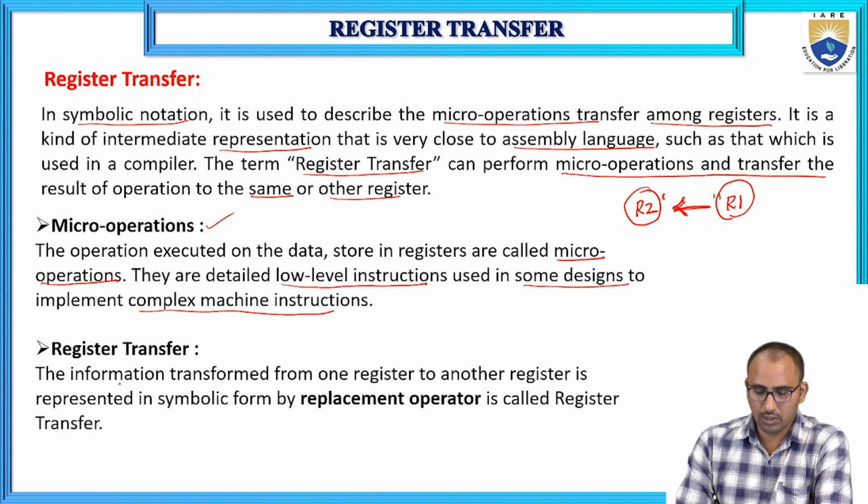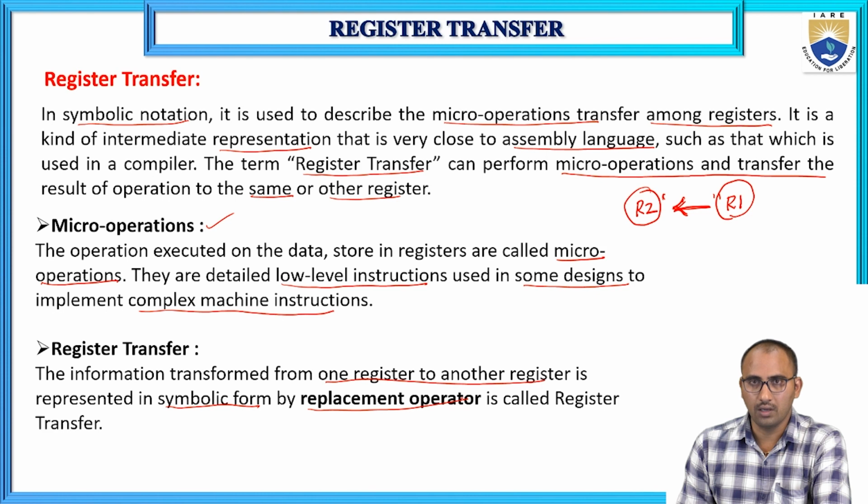And coming to the register transfer. The information transferred from one register to another register is represented in symbolic form using a replacement operator. Register transfer is nothing but copying of data from one register to another register.